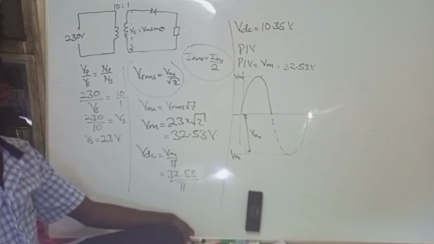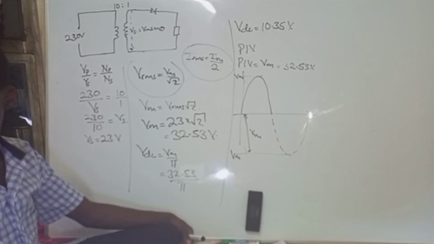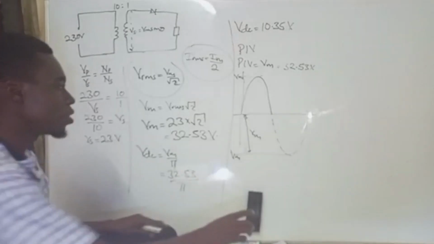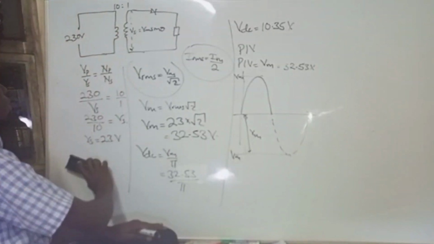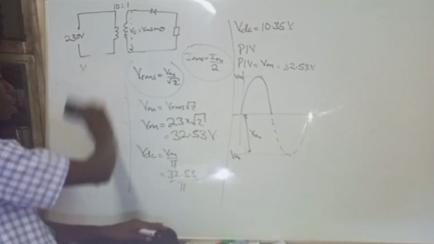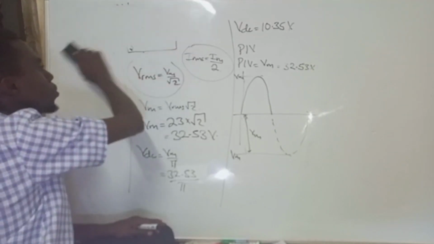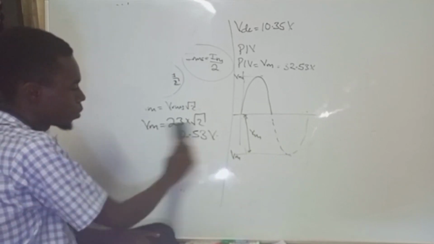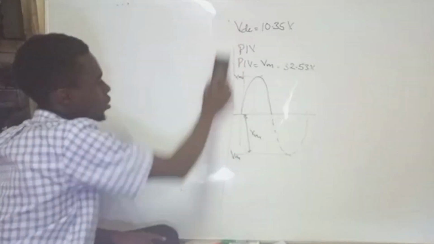The next one, actually. When we go to that next example, they're saying a crystal diode having an internal resistance RF. This time around, they've given us an internal resistance, but let's read through the question and pick some few things that we can write down so that we can see what to do with this particular question.